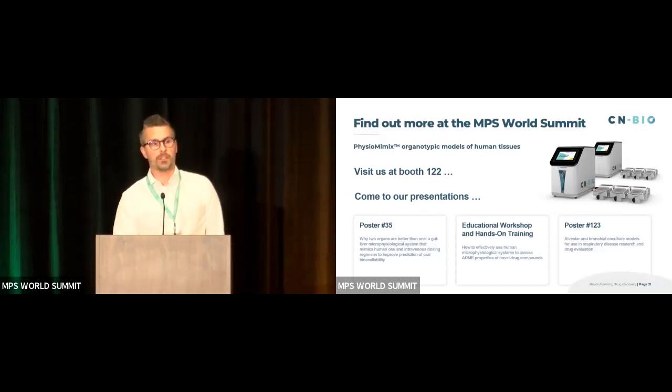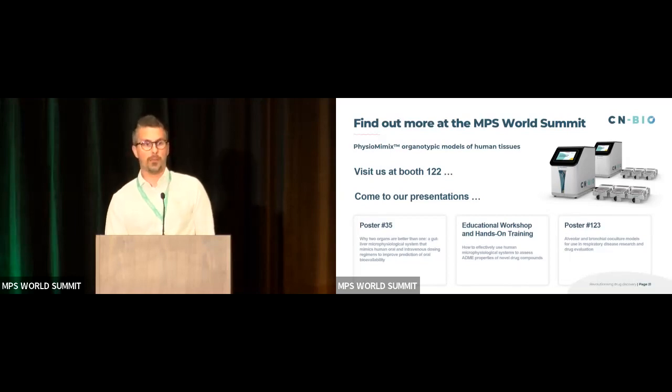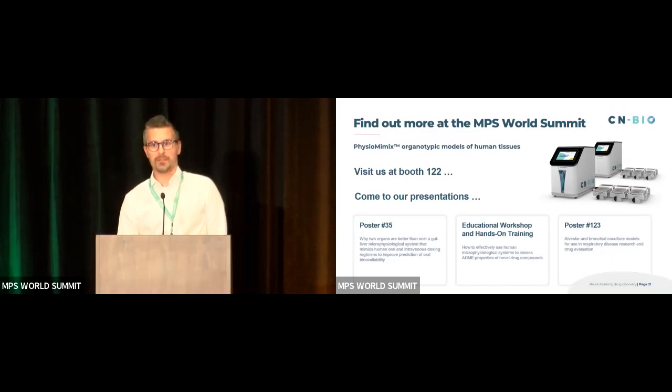Yeah, so the system is totally compatible with all of those other cell types. We see enhanced functionality of those other cell types in the MPS compared to static 2D cultures. Those cell types don't have the same metabolic capacity, particularly of the primary hepatocytes. They just simply don't have the horsepower. iPS particularly, I think, are the future to some extent, and I say that with a sort of wince, because of their unlimited source, their ability to genetically control them.